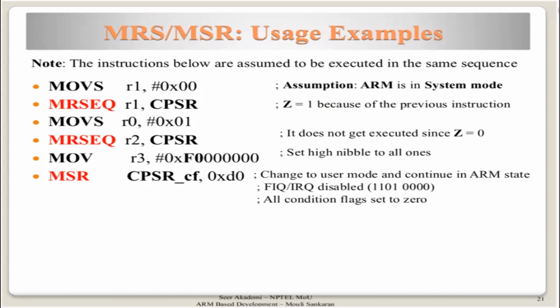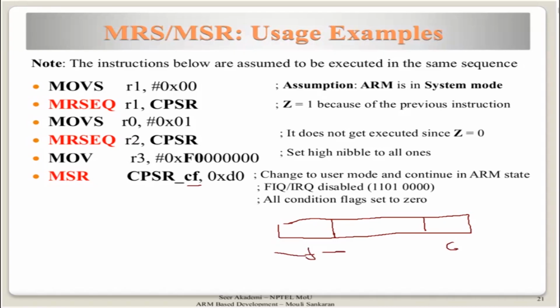One more thing, what you are doing here is, I am not mentioning only the condition flag here. Please remember, I am mentioning F. Let me write it so that you recall. This is the condition spot, this is the flag spot of the CPSR. So I am trying to modify this as well as this with a byte value. What happens is this D0 gets written into this, and then all zeros will be written into this, because this D0 will be zero extended.